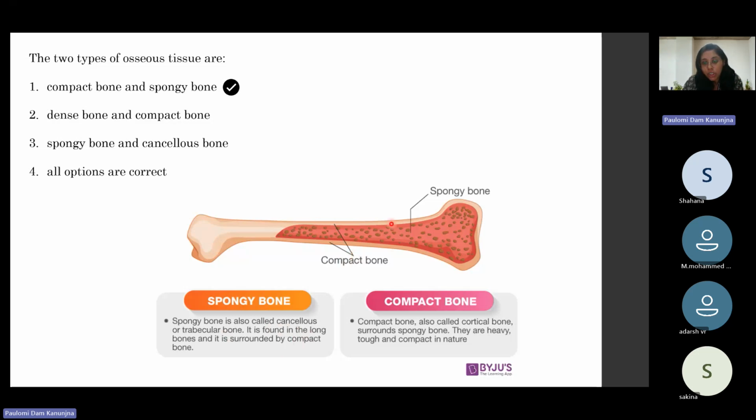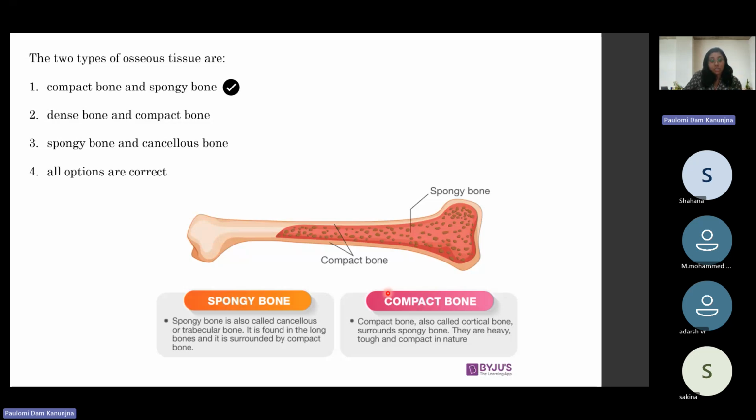See, this is your spongy bone, and this is covered by the compact bone. The compact bone is also called cortical bone, and its role is to surround the spongy bone. Because they are surrounding, they are heavy, tough, and compact in nature, while the spongy bone, as the name suggests, is inside, so it is not that sturdy.